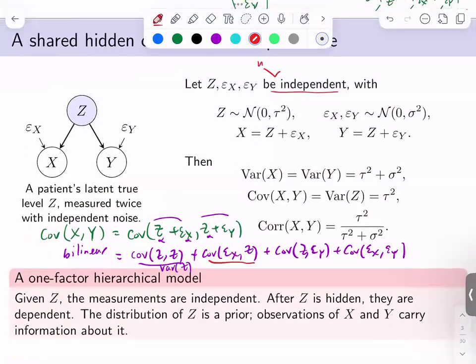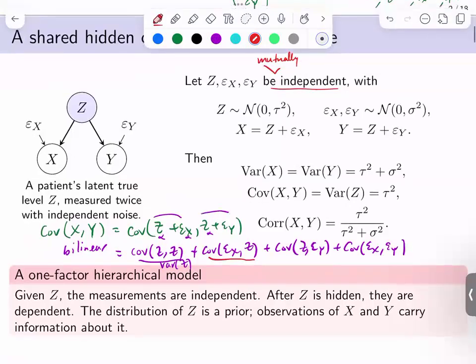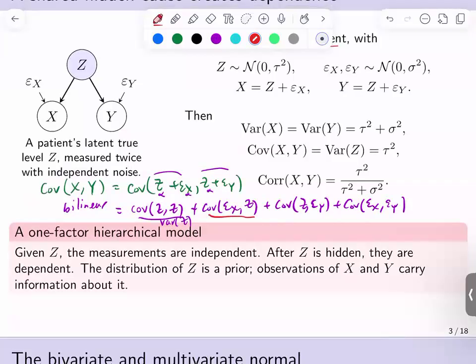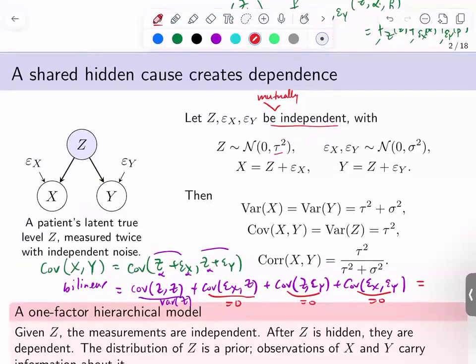Mutually independent is stronger than uncorrelated. If random variables are independent, they're uncorrelated automatically. The reverse is not true. But by assumption, the covariances of z with epsilon x and z with epsilon y are zero, so they all evaluate to zero, and the variance of z is by definition tau squared.